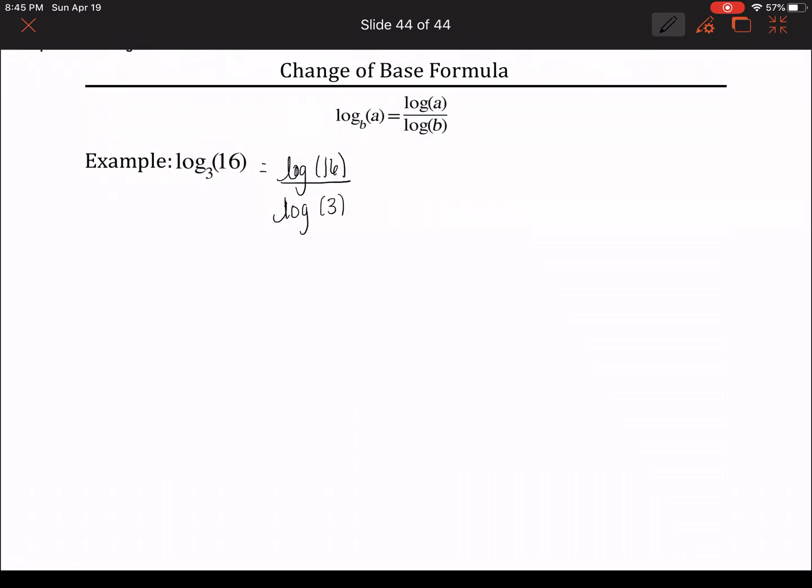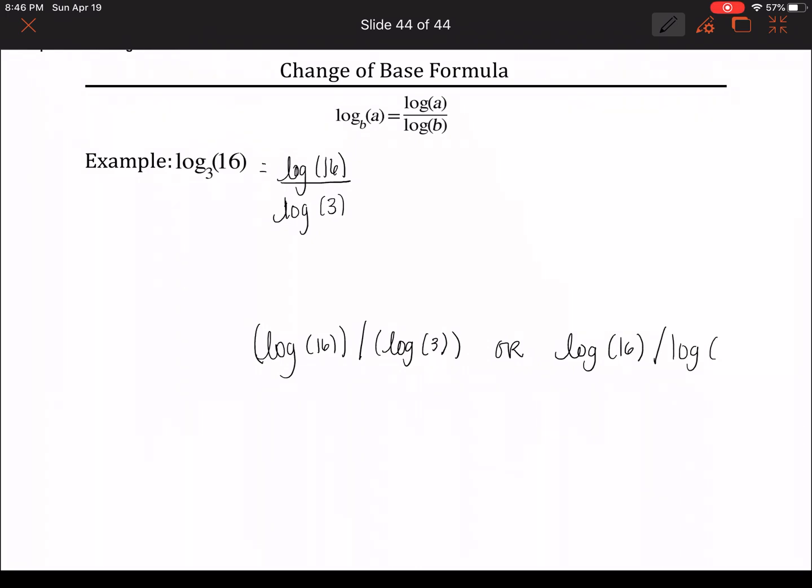Now, if you're putting this in your calculator, and if you don't have a TI like what we had in class where it did the fraction for you, like if you just have a regular TI 30XS2 that you had in middle school, those little gray ones, you would have to type it in like this. Or you can type it in like this, log of 16 divided by log of 3.